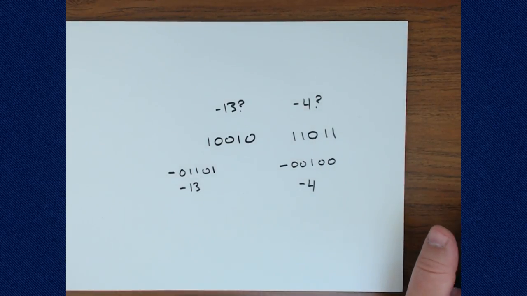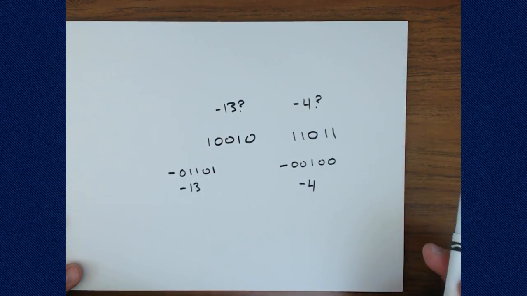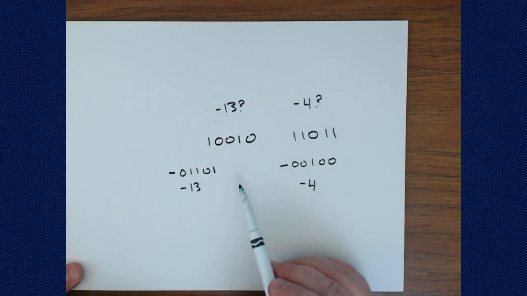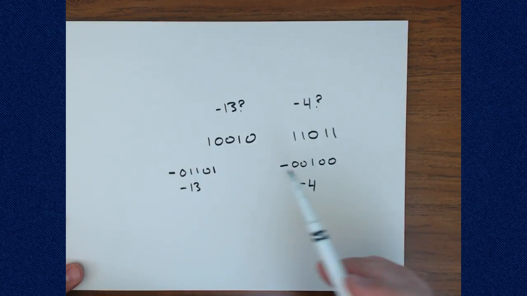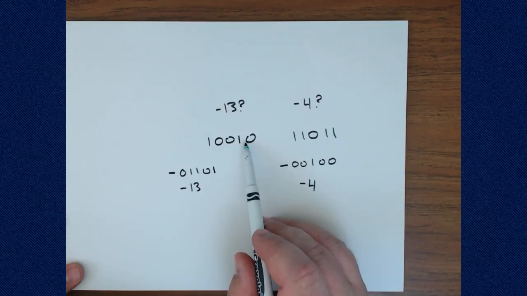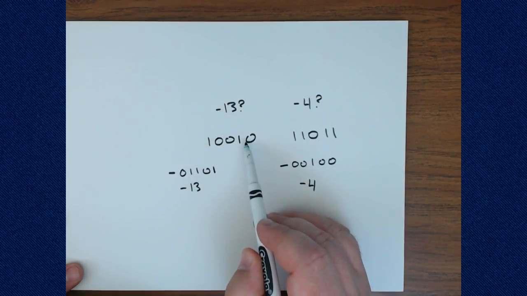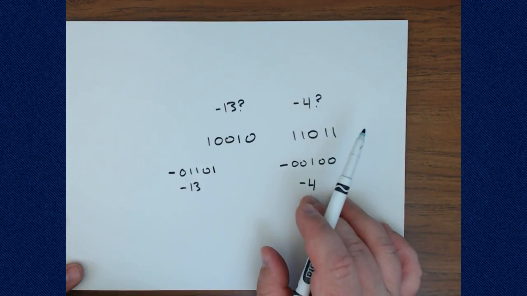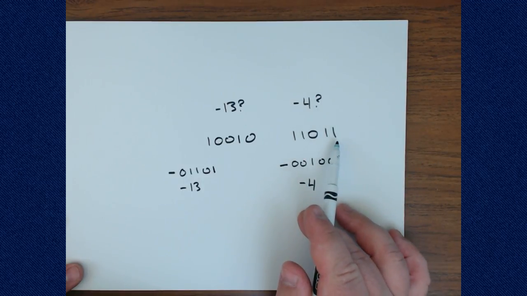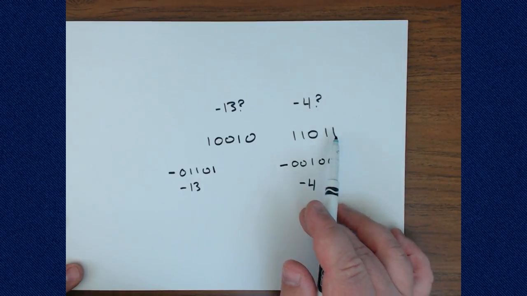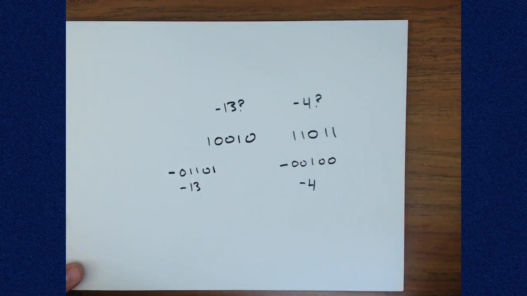Now the second way I said we could double check this is to verify that if we apply 1's complement negation, where we just flip all of the bits, and we start with the bit pattern for negative 13, we ought to get the bit pattern for positive 13. And if we start with the bit pattern for negative 4 and we negate it, we should get the bit pattern for positive 4.